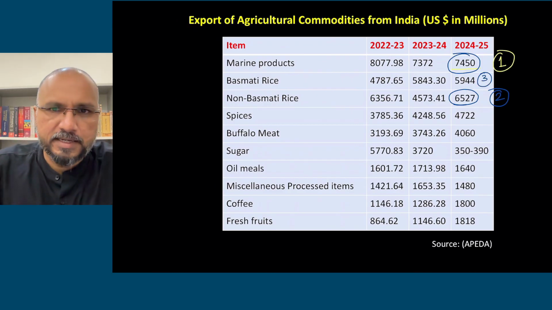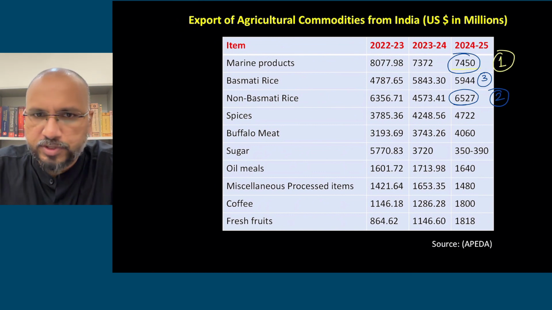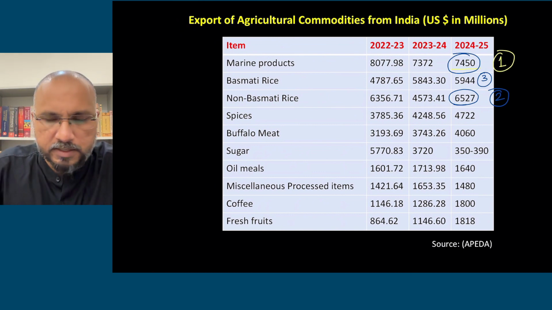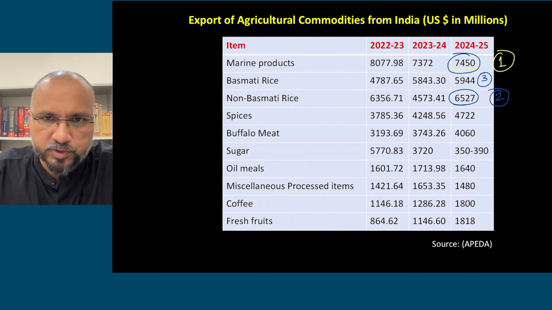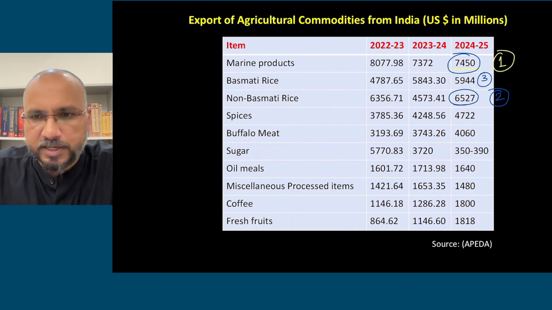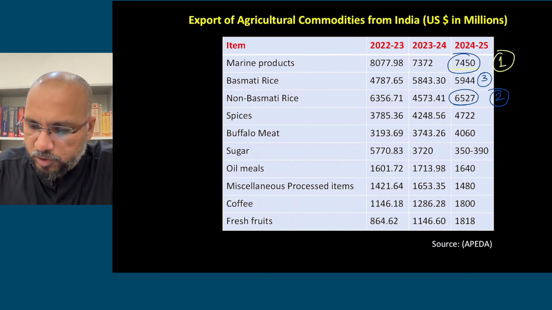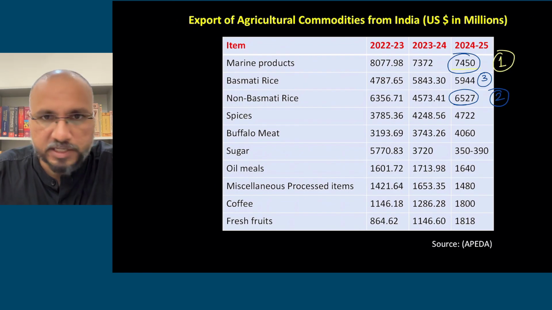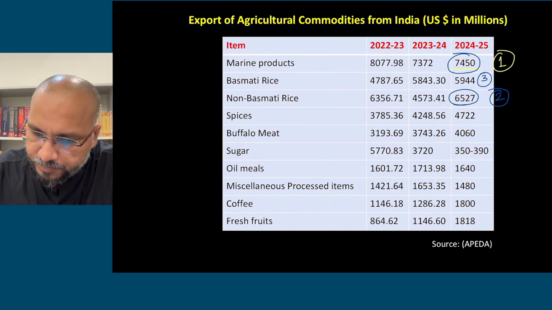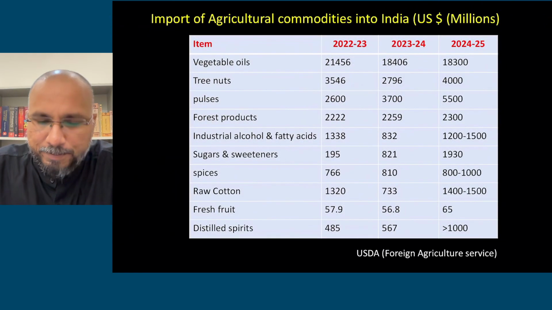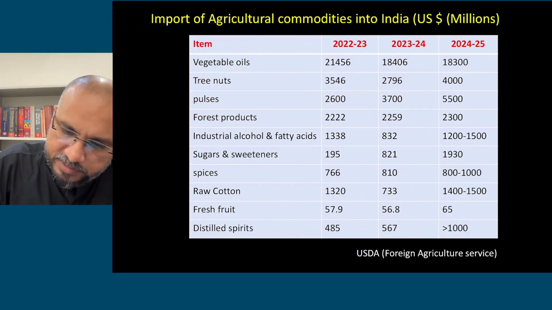So top 3 at least you should remember. These are the commodities which are exported from India. There are top 10 commodities. If you can remember, you can go up to 4, 5, 6 also. That was the top 3 agricultural commodities exported from India in terms of value, not in terms of quantity.